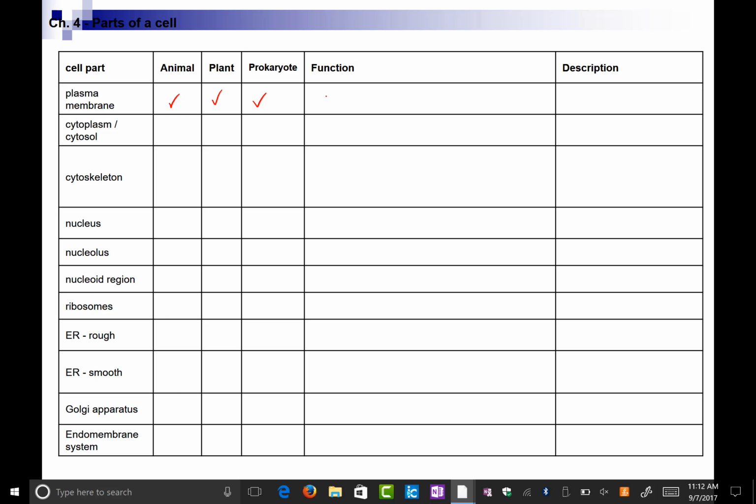So the function is, actually let's write this differently, to separate the environment from the inside of the cell.